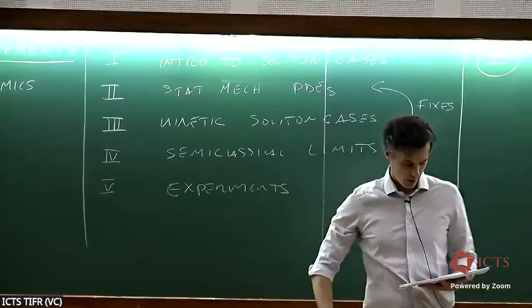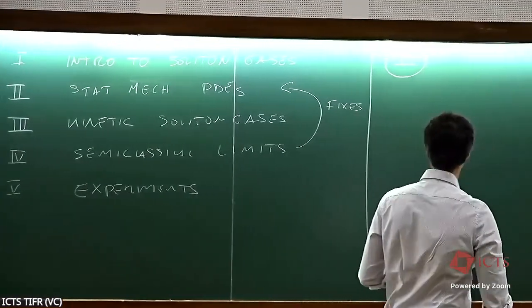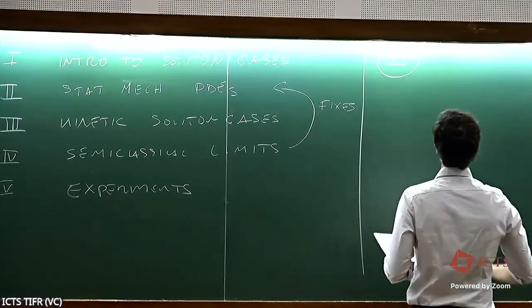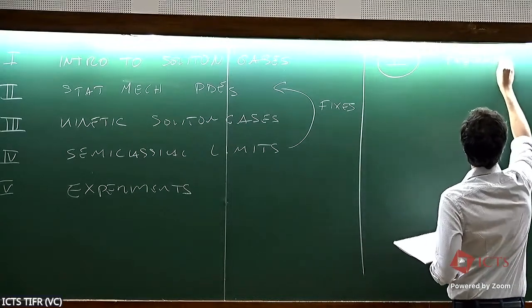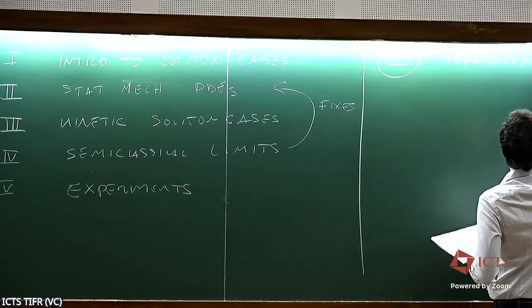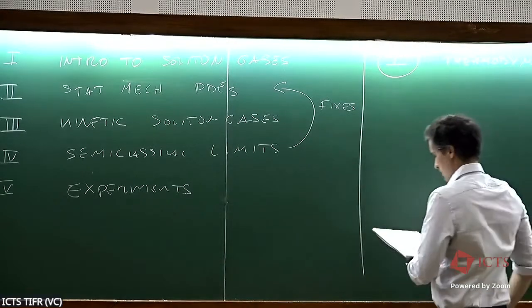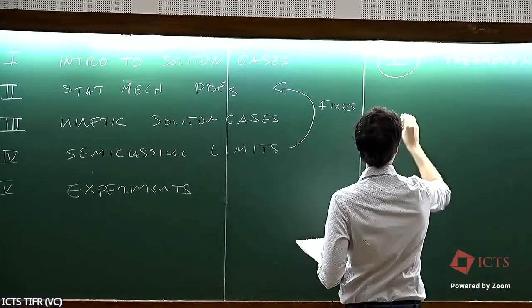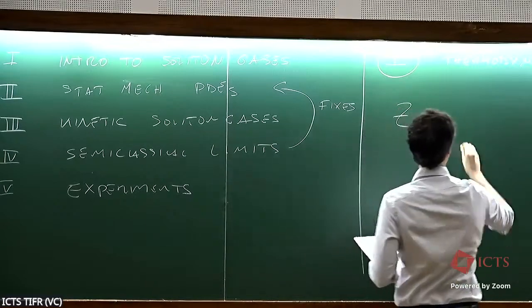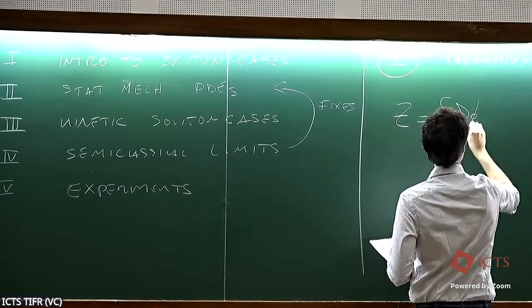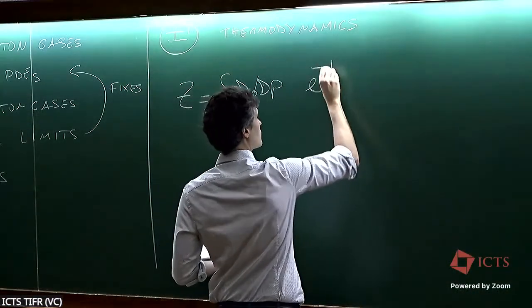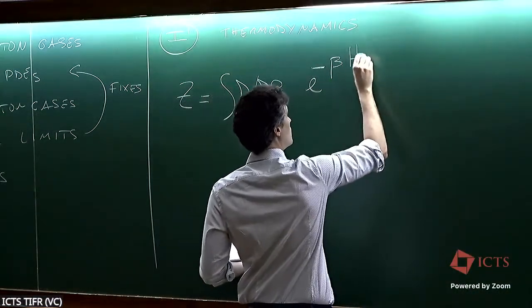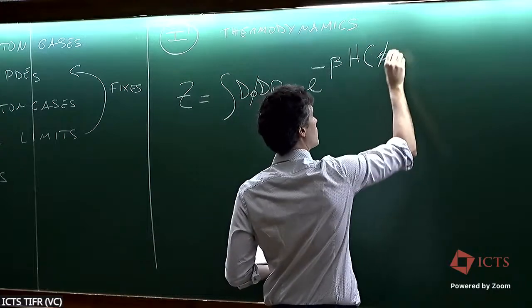So let's start with the introduction to certain gases. What do I want to do? I want to study stat mech, or if you want, thermodynamics. I want to be classical, and in general, imagine that I have some field theory of which I want to compute a partition function. I'm going to do a Laplace integral. It's a Hamiltonian, a function of a field and the conjugate variables.